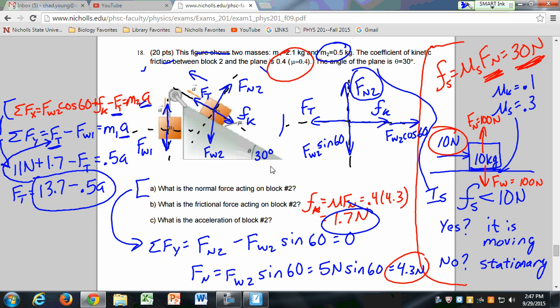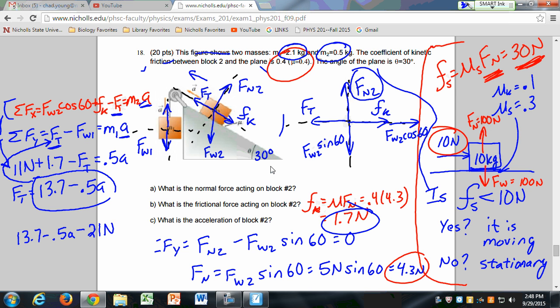When I plug it into that equation, I'm going to get something that looks like this: 13.7 minus 0.5A minus FW1. FW1 was 21 newtons.